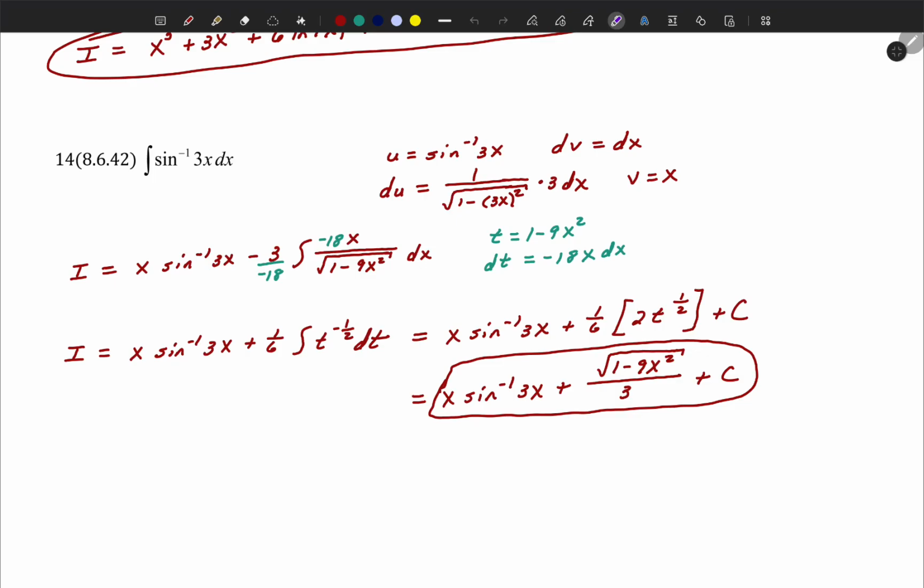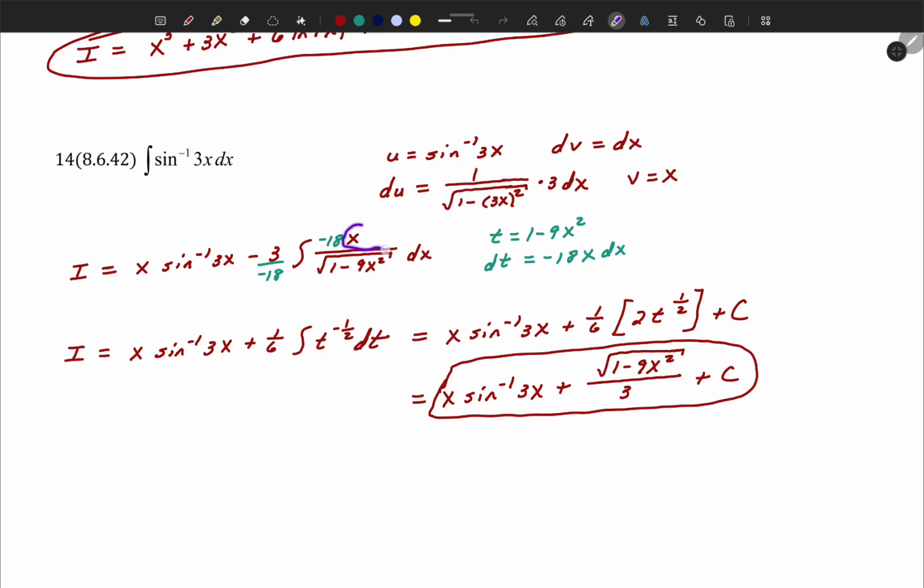Then at that point, I could see that this integral that I had in red wasn't able to be integrated with our basic rules. So now I just use the substitution rule to help evaluate it. I said, let's let t equal what's inside the square root, the 1 minus 9x squared. dt is going to be negative 18x dx.